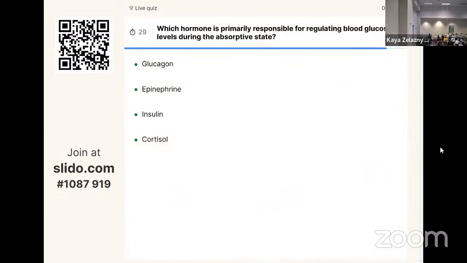You're telling me what hormone is responsible for regulating blood glucose in the absorptive state.